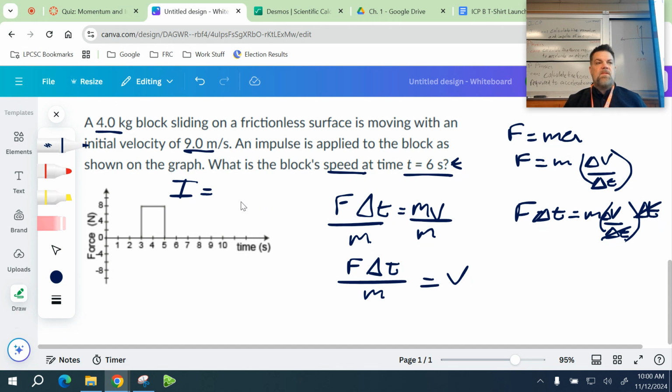Look in your notes. Yeah, there's one way, F average, or what else? Well, how is it written down? Yeah, so it's the force times delta T. Okay. Well, can I get that from here?